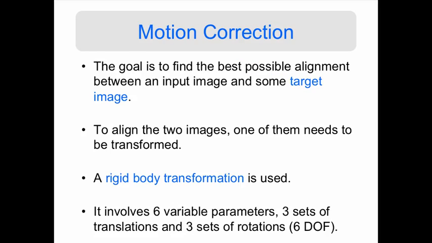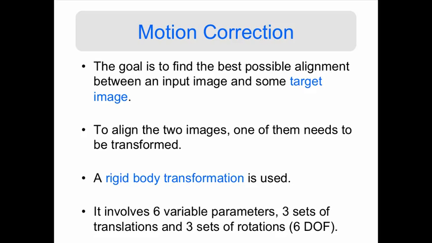So in head motion correction or motion correction, the goal is to find the best possible alignment between the image that you're looking at and some target images. And so what you do is you try to align the target image and your input image with one another. And so to do that, you have to transform the input image so that it overlays the target image, more or less perfectly.